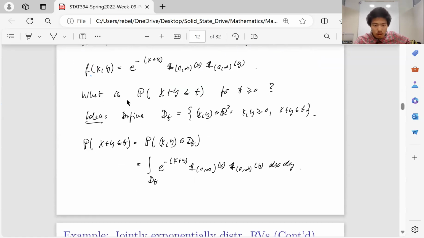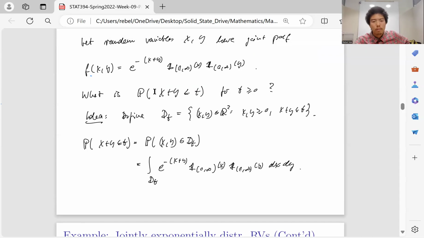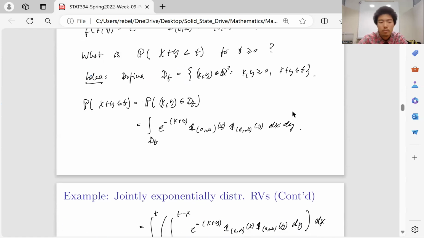Okay. So what is the probability that x plus y is smaller or equal to t, for t greater or equal to 0? So this is our question. We want to find out, for t larger or equal to 0, which makes this probability make sense, the region with x, y greater or equal to 0 and their sum smaller or equal to t, which is a summation problem.